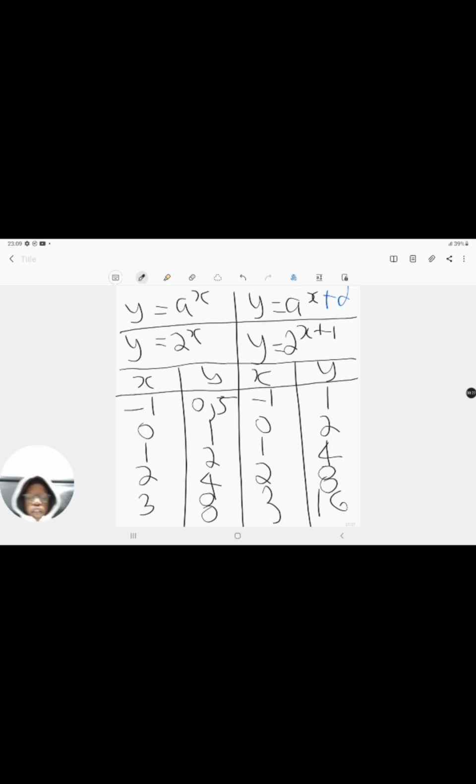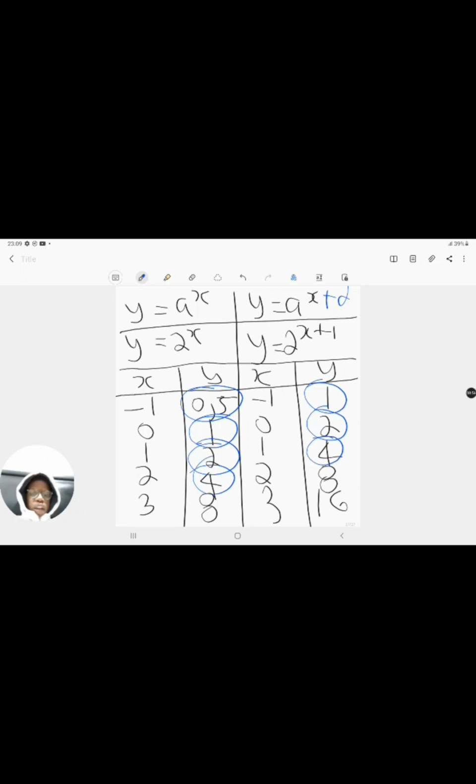Now let us look at the influence of d on this equation. Let's look at the values of y that we got from this table. When x is equal to -1, for the original equation we get 0.5, and here we get 1. When x is 0, we get 1 and 2. When x is 1, we get 2 and 4.